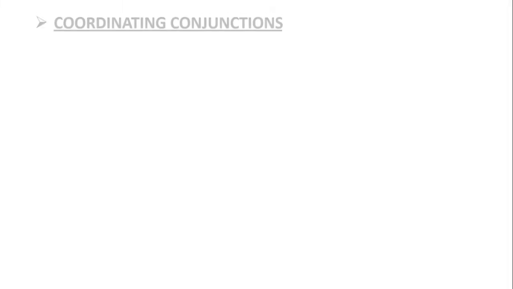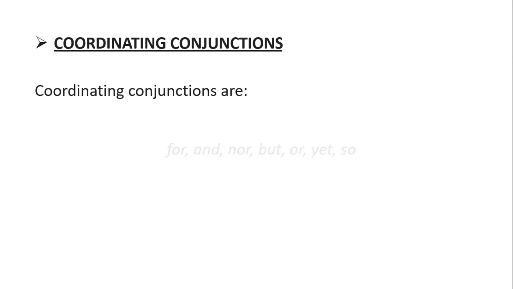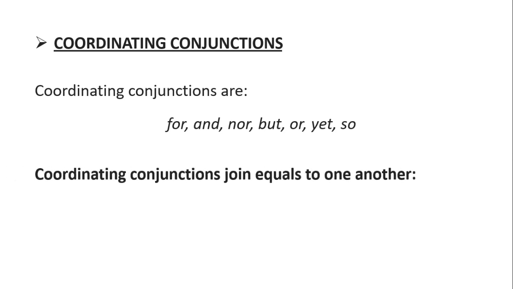The coordinating conjunctions. The coordinating conjunctions are for, and, nor, but, or, yet, so. Basically, coordinating conjunctions join equals to one another.